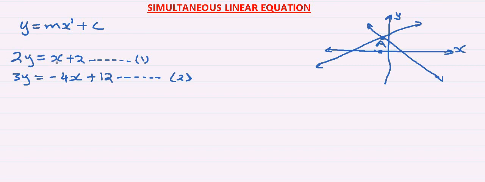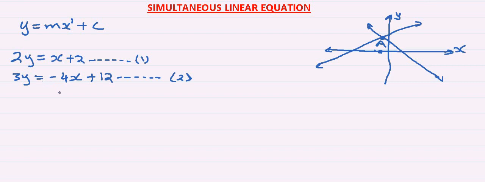Here we have x, the coefficient of x is 1, and we have a constant 2. On the second equation, we have 3y, the coefficient of y is 3, negative 4x, the coefficient of x is negative 4, and a constant 12. When we look at the 2 equations, the equation where the variable's coefficient is 1 is equation 1.